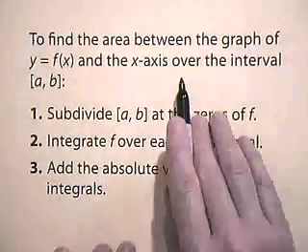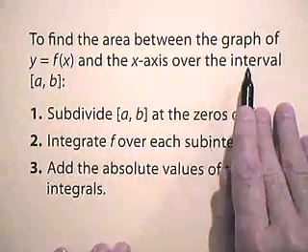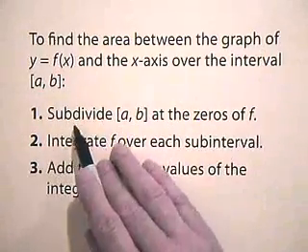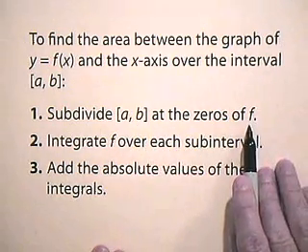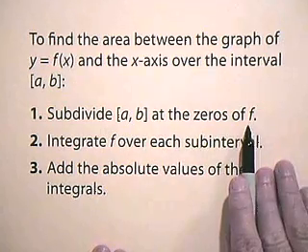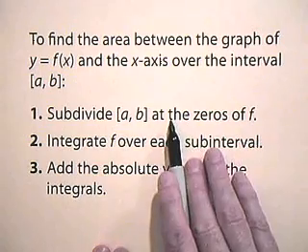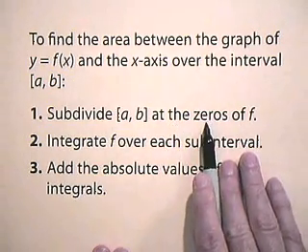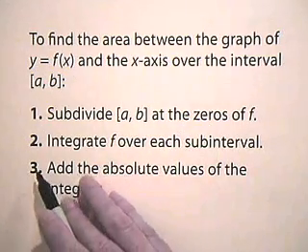To find the area between the graph of y equal f of x and the x-axis over the interval a, b: one, subdivide a, b at the zeros of f. Now, it's important here that you find every zero of f. If you miss one, then you will be getting part of the integral where it goes below the axis, canceling part of the positive part, and the value will come out too small.